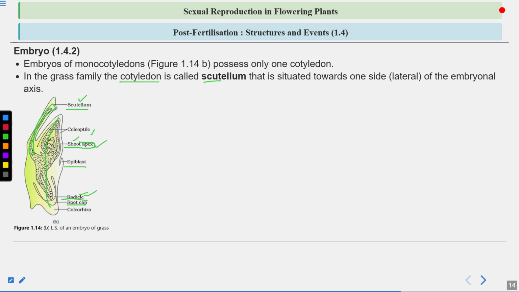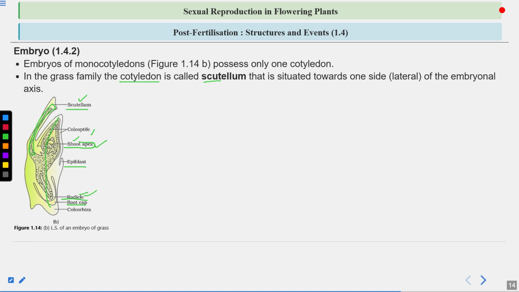The radicle is again a very delicate part. So they are covered by a sheath-like covering. The one that protects the shoot apex is called the coleoptile, and similarly the radicle is covered by a sheath-like covering called coleorhiza, and that also provides protection to the developing radicle.